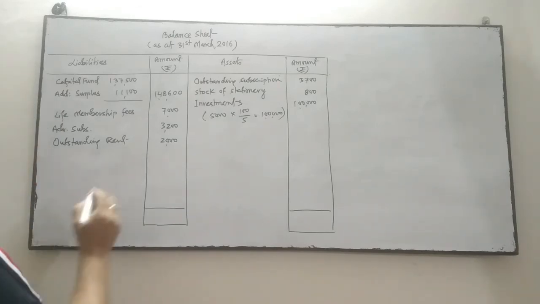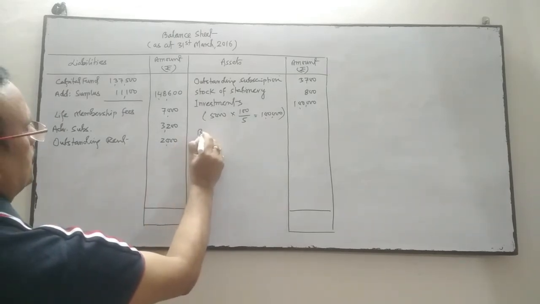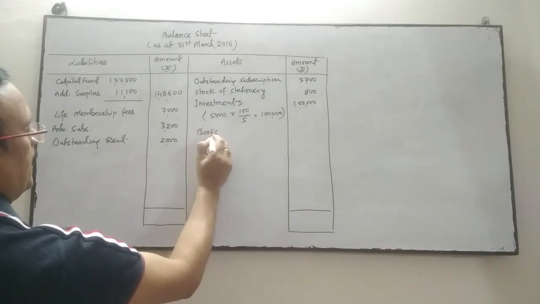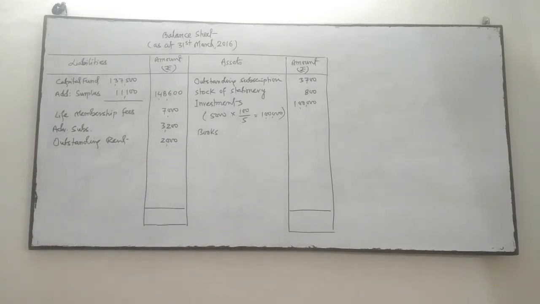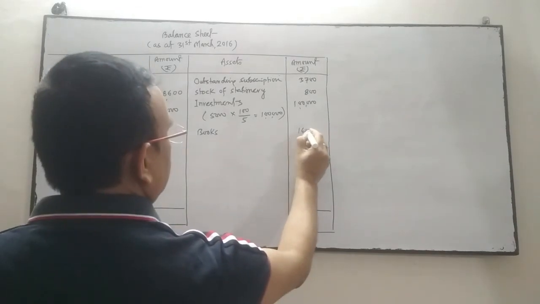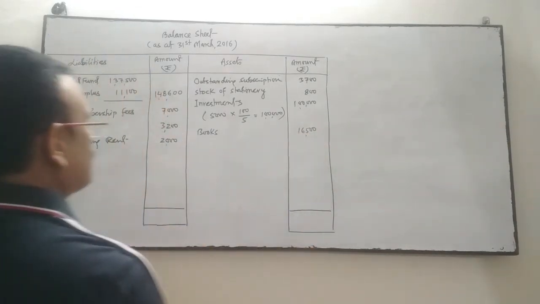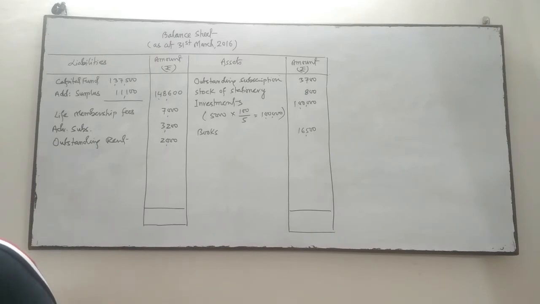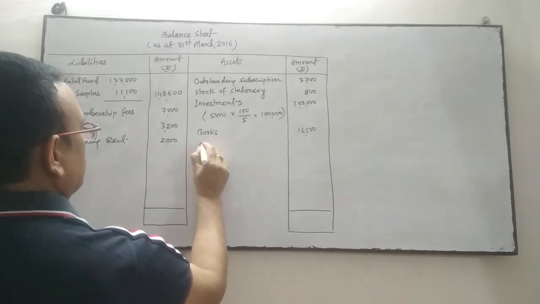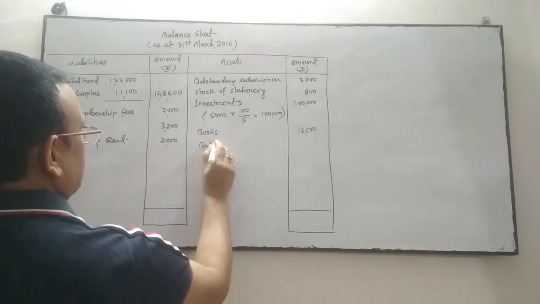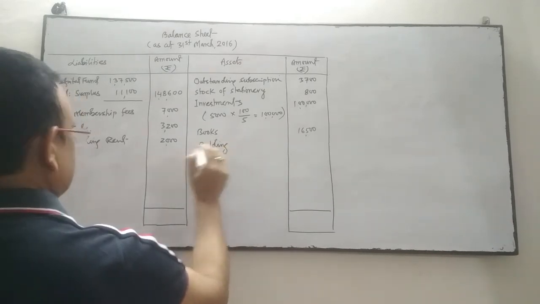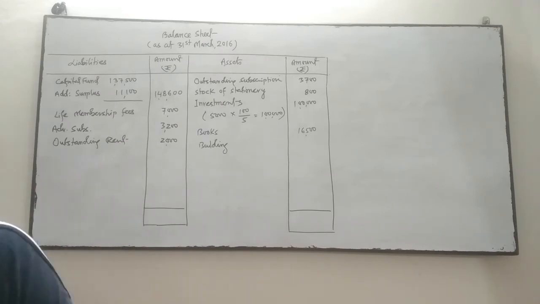After that, books. We will write the final figure of books at the end. We have to see in the additional information, second line, books is 16,500. This is the closing figure. Thereafter, building. There is no depreciation on building.